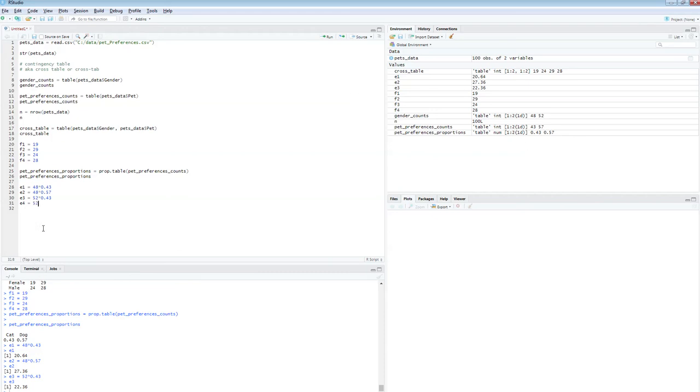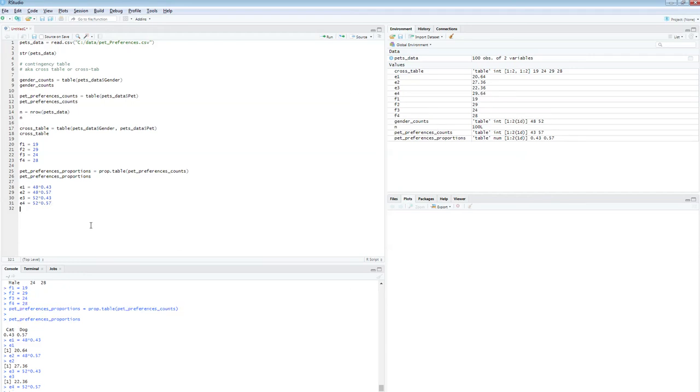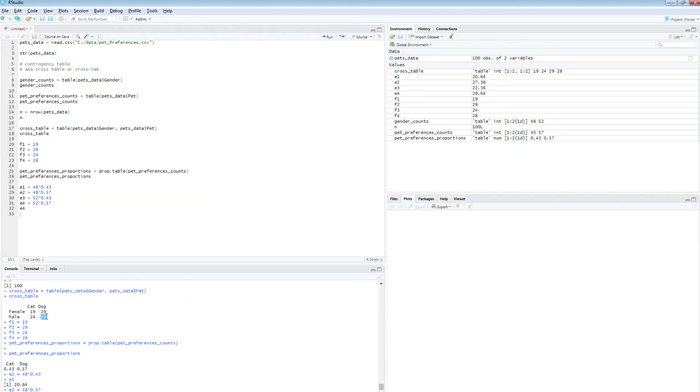So again, among 52 males, what percentage would like dogs? 57, right? If null was true, and this breakdown 43 versus 57 would apply to both males and females alike, and 57% of the males would prefer dogs. I multiply the 52 males by 57% of them liking dogs, and my expected count number 4 would be 29.64. That's the expected, while the actual was 28.